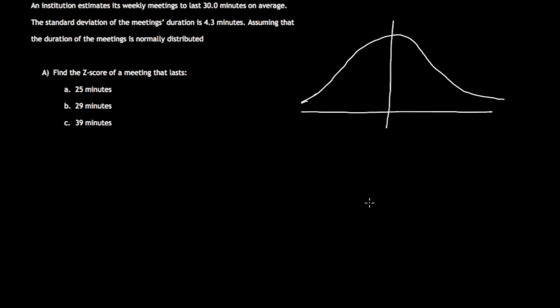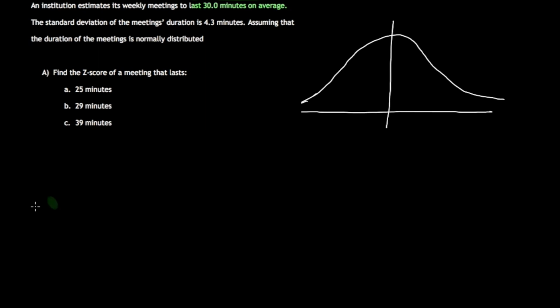Now that I have my bell-shaped curve, there's a few things that we can point out right away in the question. The first thing we know is that the institution is estimating that the weekly meetings last 30 minutes on average.